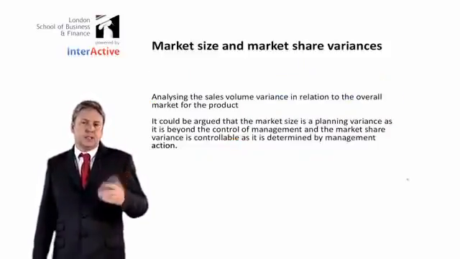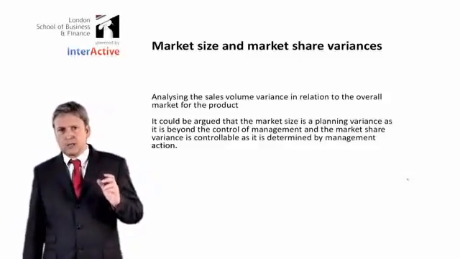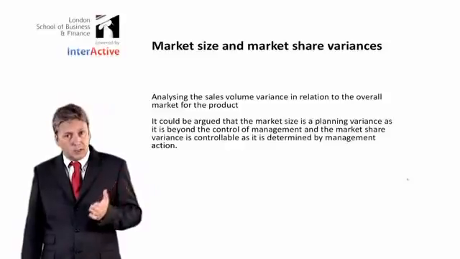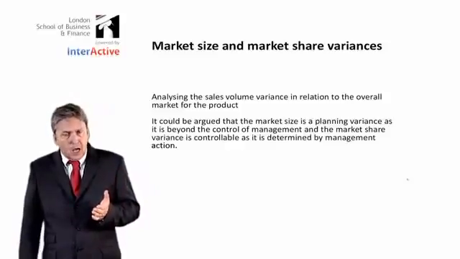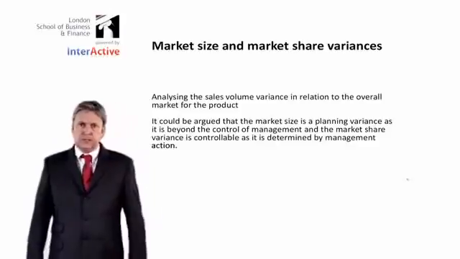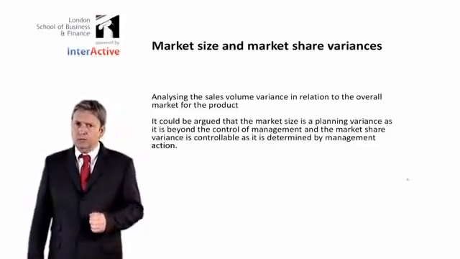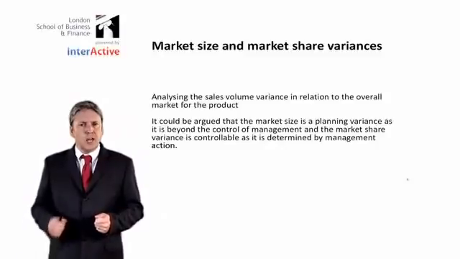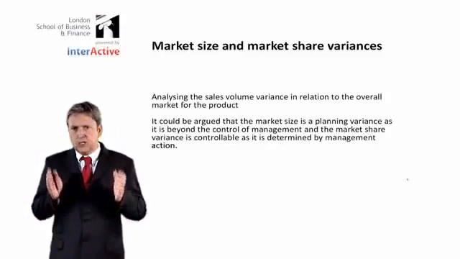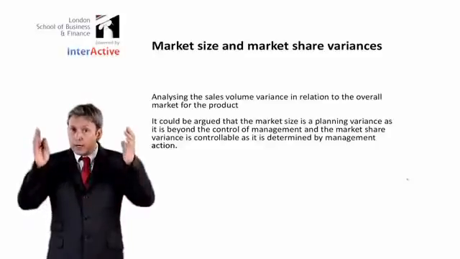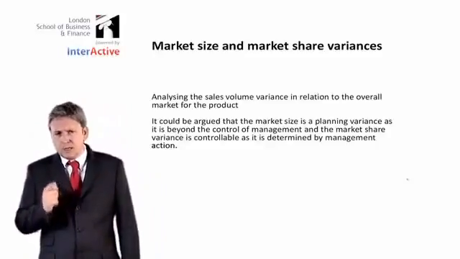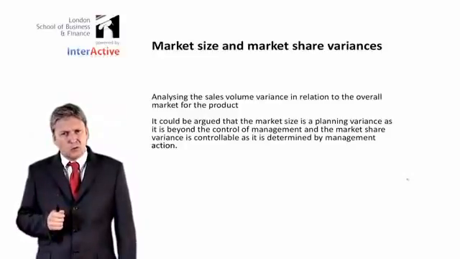A further analysis that we may do with regard to sales variances relates to market size and market share. The argument goes something like this. We can take our volume variance, and instead of just looking at the volume variance, we can say, well, some of that change is due to the market growing or shrinking. And you could argue that the market size is beyond our control.